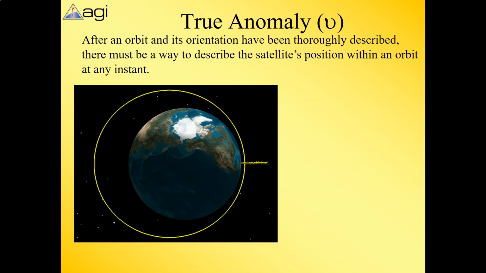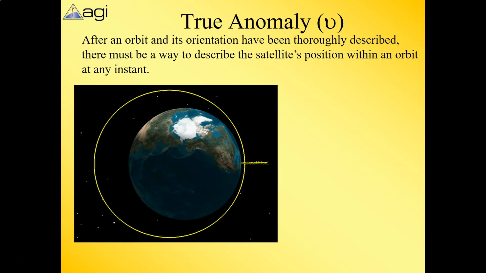Therefore, when a complete Keplerian element set is provided, eccentricity, semi-major axis, inclination, the right ascension of the ascending node, the argument of perigee, and now also true anomaly, time must be included to make this element set meaningful. This time is referred to as the epoch.